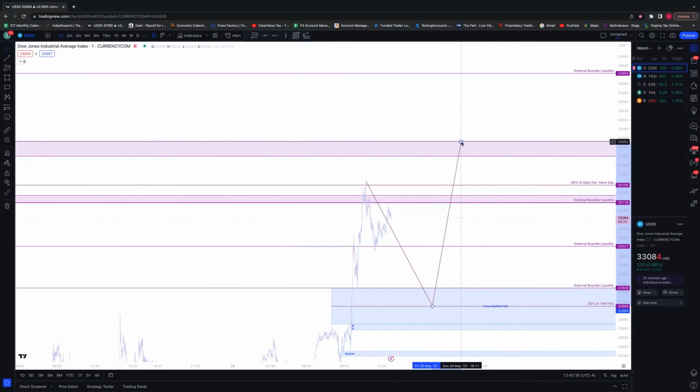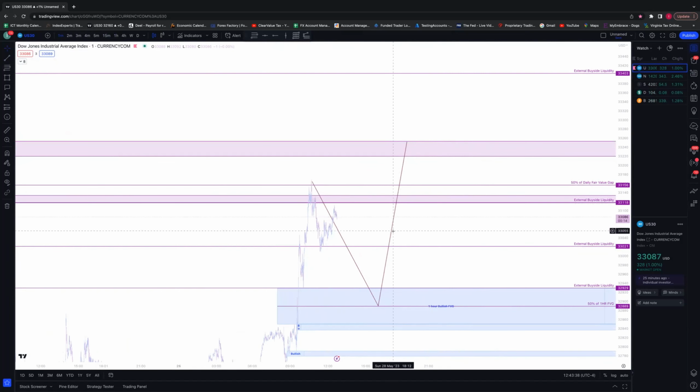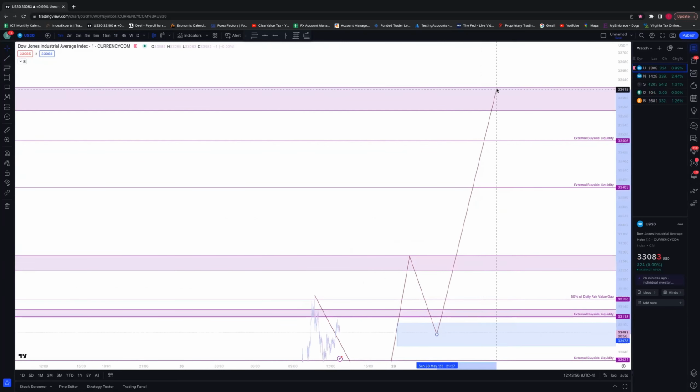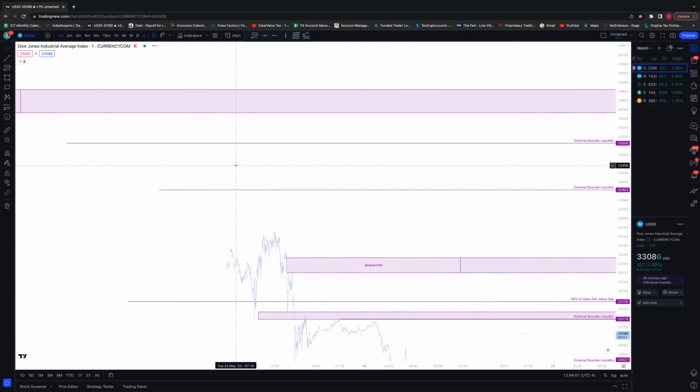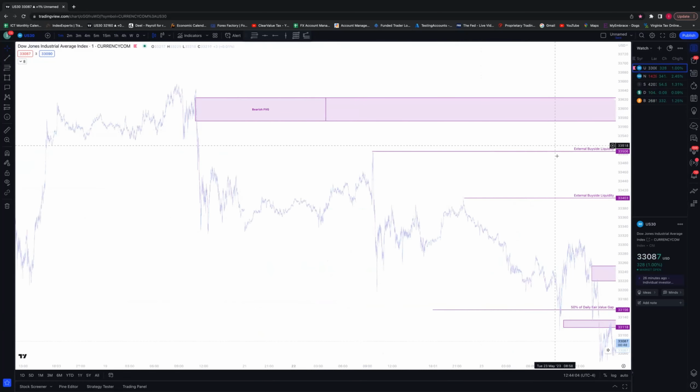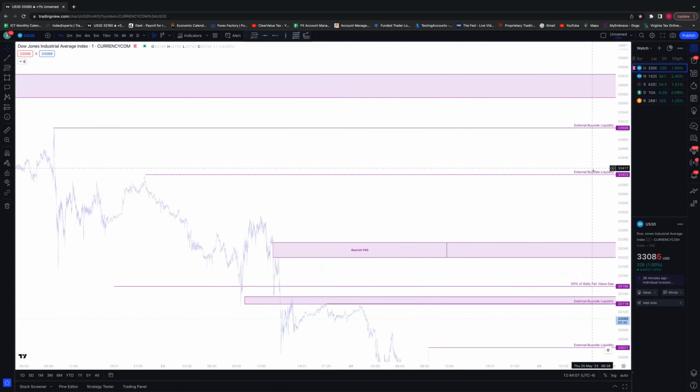bounce towards the very next fair value gap, create a new bullish fair value gap, probably somewhere around here. Fill 50% and continue to find liquidity towards an external buy side and possibly touch the very next fair value gap up top that I have marked right there on top of the external buy side liquidity.